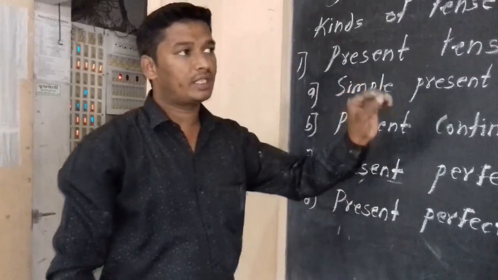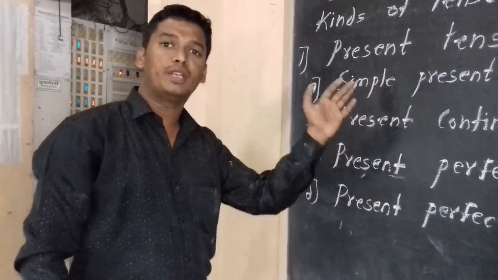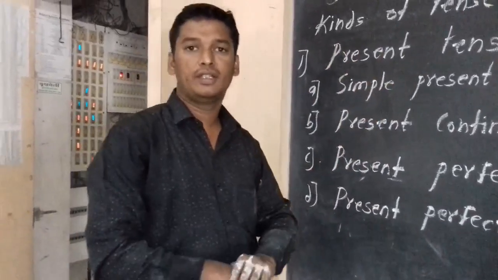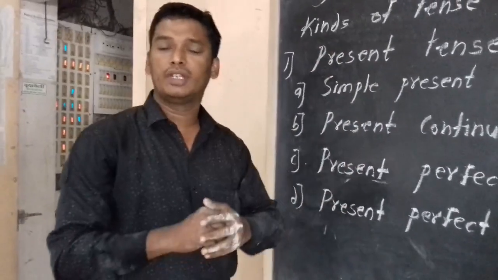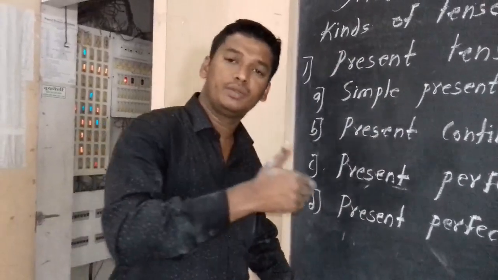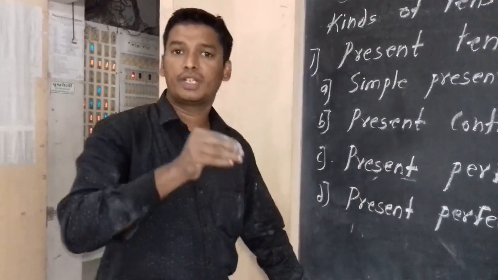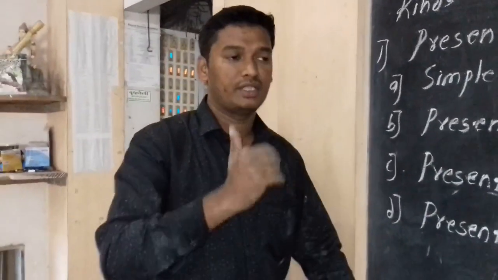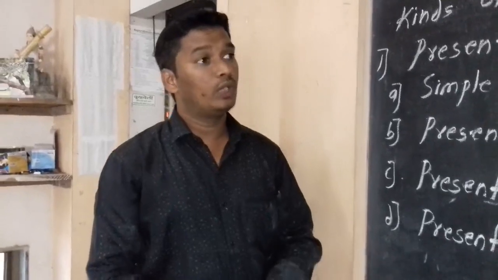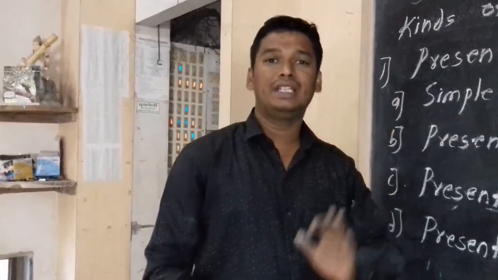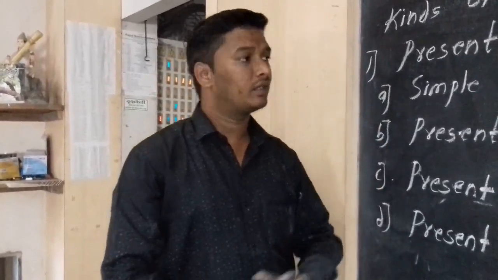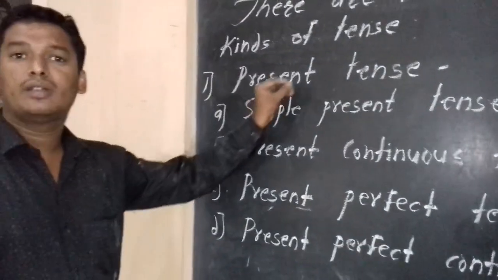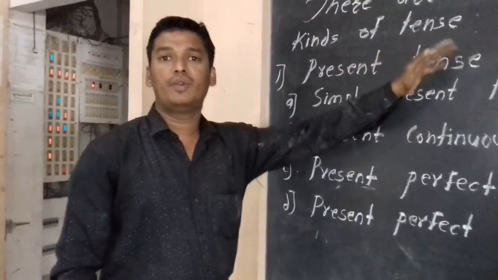Like the past tense, future tense has the same subkinds: simple future tense, future continuous tense, future perfect tense, and future perfect continuous tense. Now we are going to learn each subkind in detail. So let's learn first present tense and its 4 subkinds.